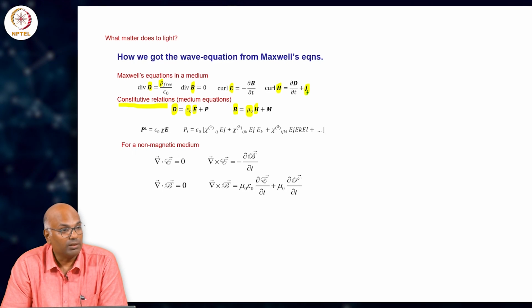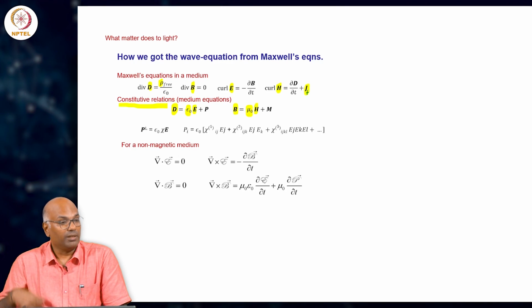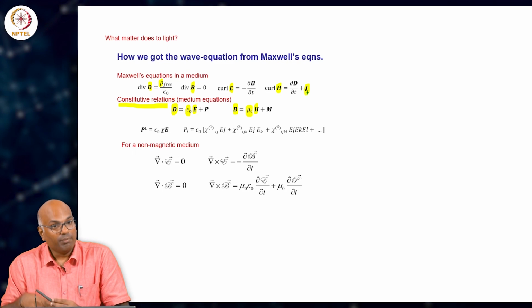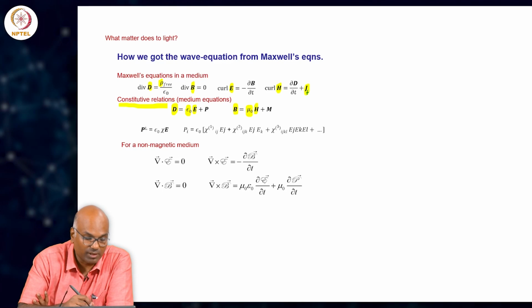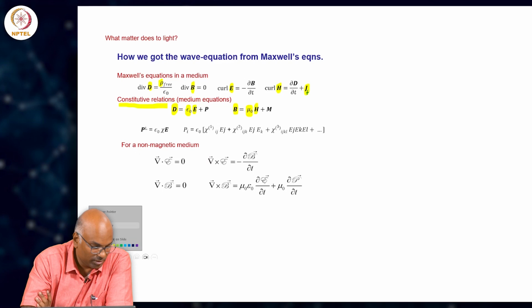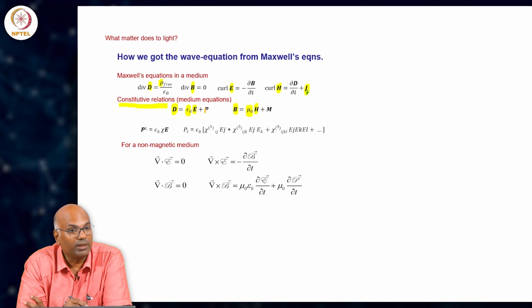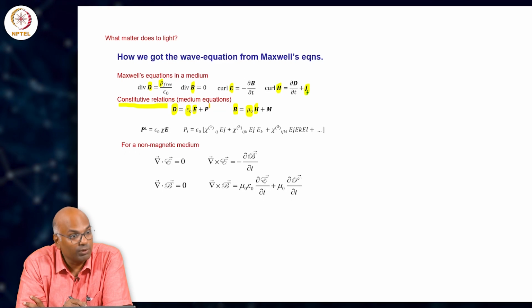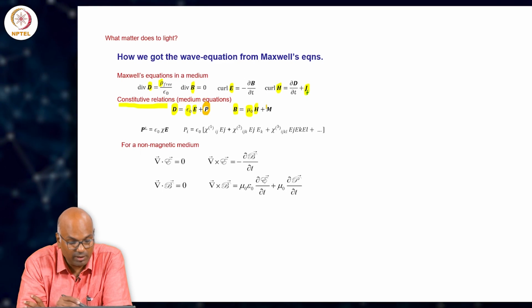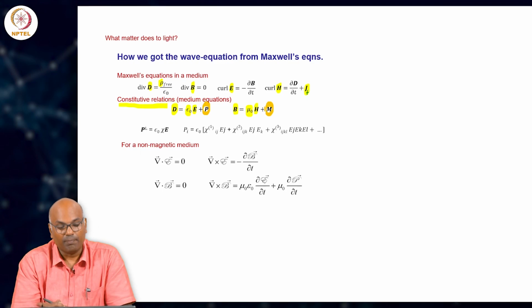Where does medium specific information get ingrained into this model? Medium specific information is ingrained in this model, which is the model for electromagnetic waves interacting with matter in the Maxwell framework. It is in P and it is in M.